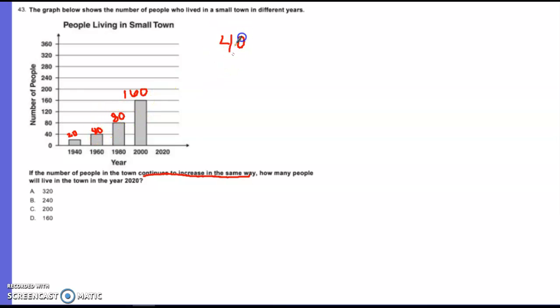See, 40 plus 40 is 80. So that gives us this 80. Let's see if this pattern continues. If we do 80 times 2, or add 80 plus 80, let's see if it gives us this 160 to see if that's the pattern.